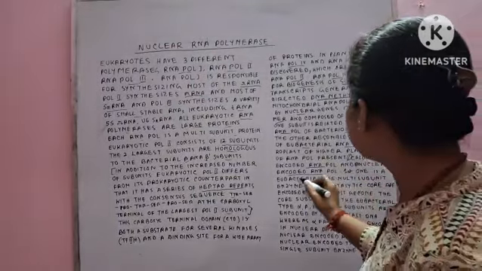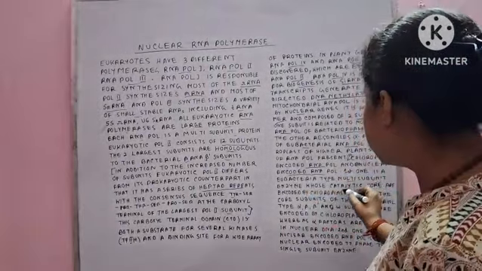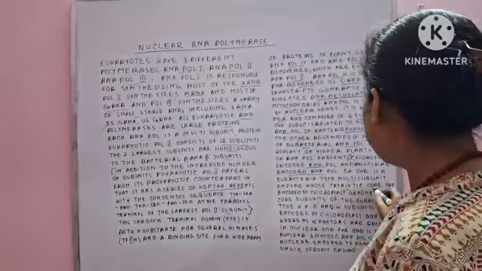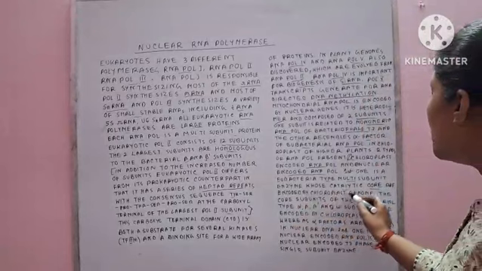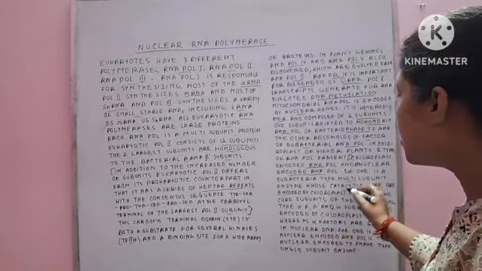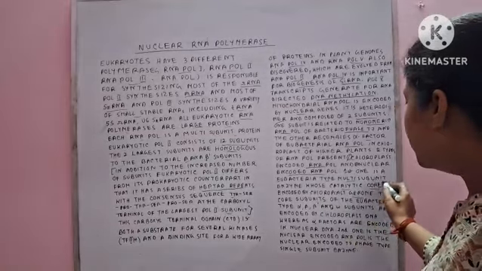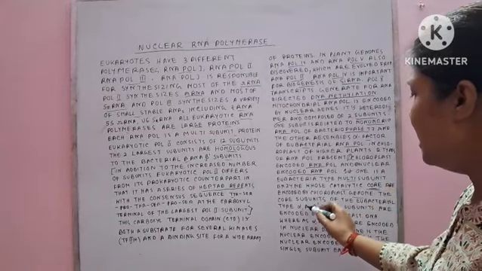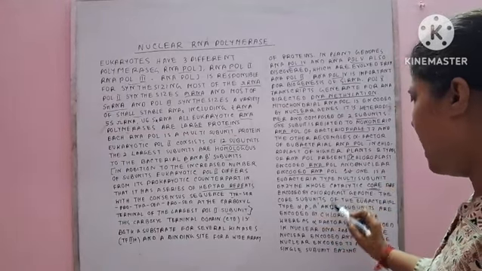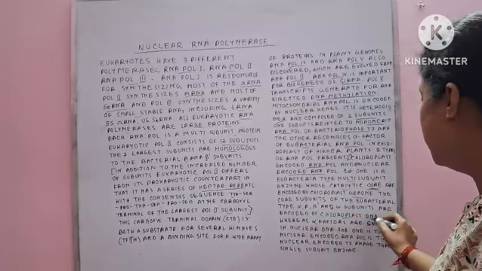Here, multiple subunits are present, and its catalytic core is encoded by the chloroplast genome. The core is made up of alpha, beta, beta dash and omega, and these are encoded by the chloroplast DNA.